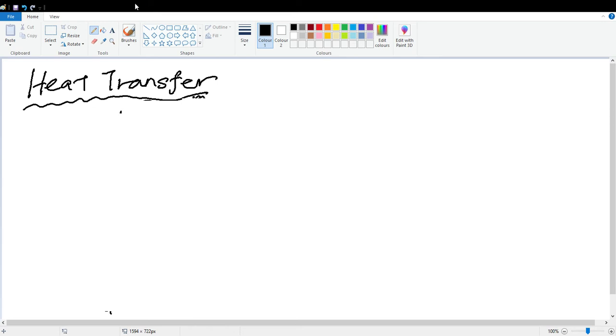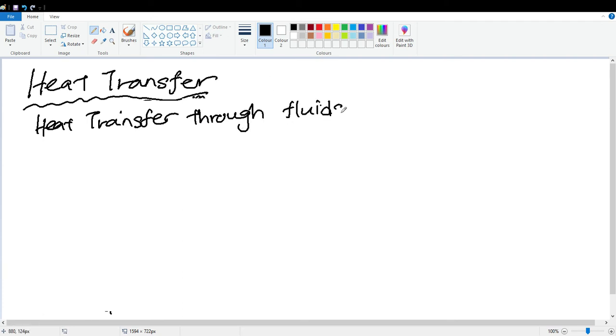So this time we're going to talk about heat transfer through fluids. Fluids can be gas or liquids.